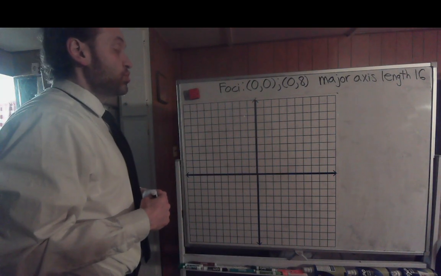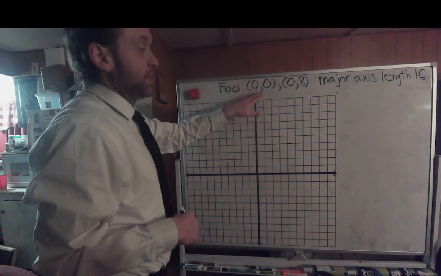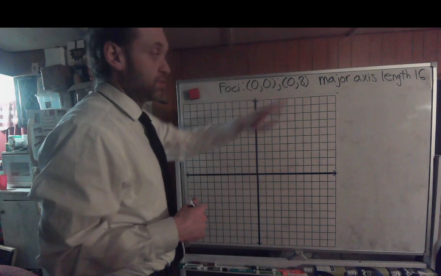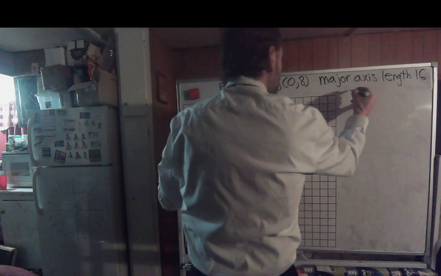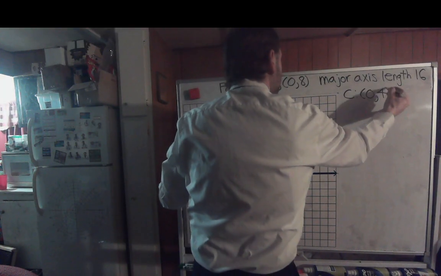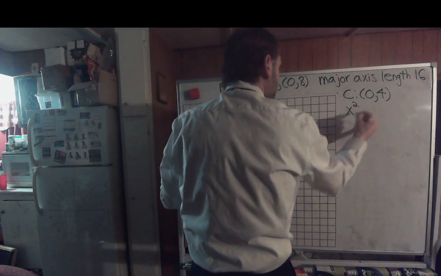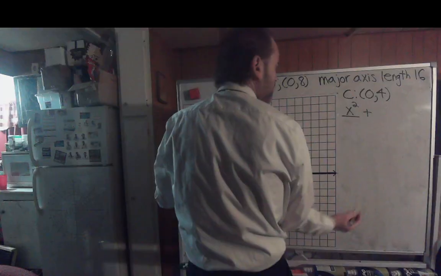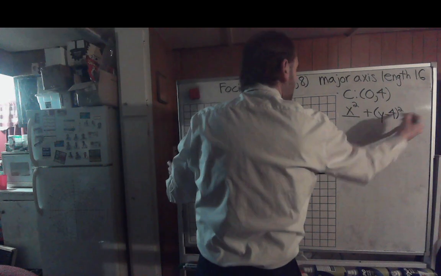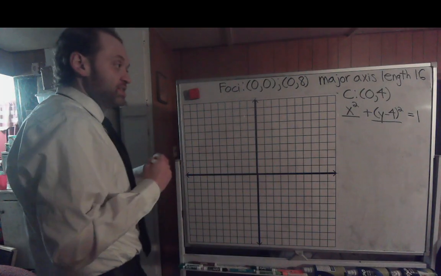Well, what is true for the foci? The center is halfway between them. Halfway between 0, 0 and 0, 8 is 0, 4. So the center would be at the point 0, 4. To start with, you'll have x squared over some number plus y minus 4 squared over some number equals 1.